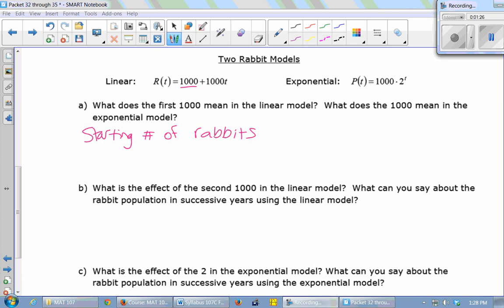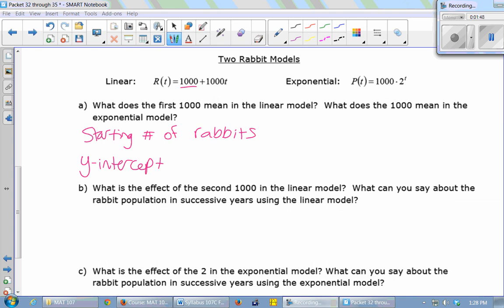This 1,000 in the graph, what does it represent? Your y-intercept, your starting amount and your y-intercept are synonymous. So it's the starting amount of rabbits, the number of rabbits you started with. It also is your y-intercept if you graph it.